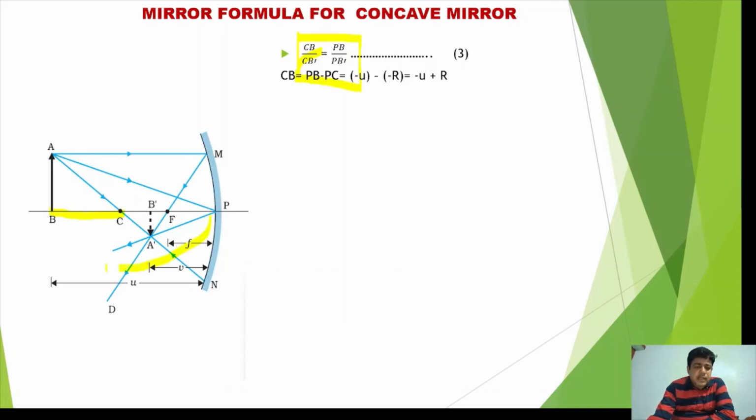PB is the total distance, the object distance, and your object distance is minus u. Why minus u? Because the object is to the left of the pole. PC is the distance of the center of curvature from the pole, which is the radius of curvature, also negative because it is to the left of the pole, that's why it is minus R. So CB is equal to PB minus PC, which is minus u minus of minus R, so minus u plus R.